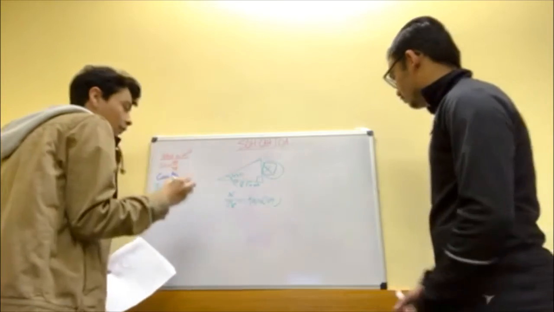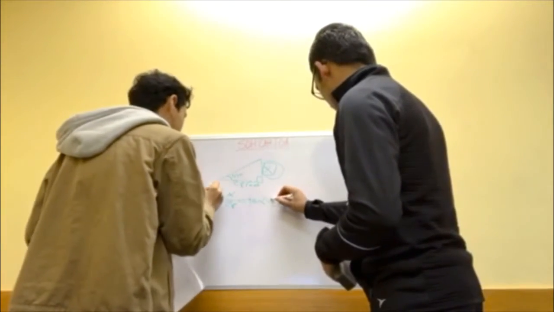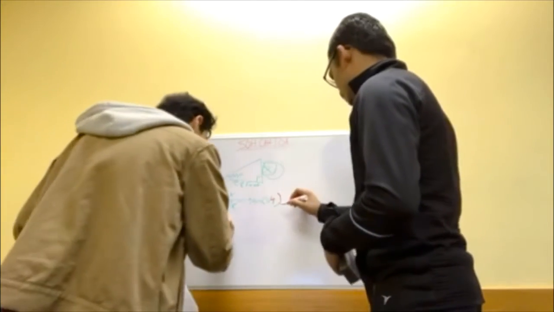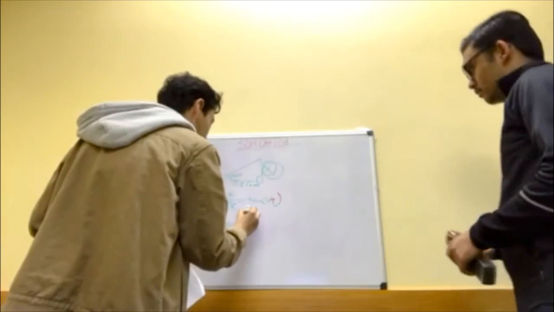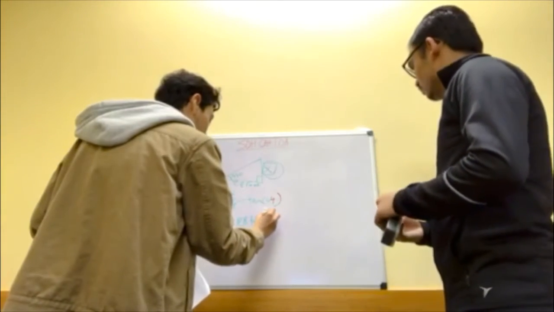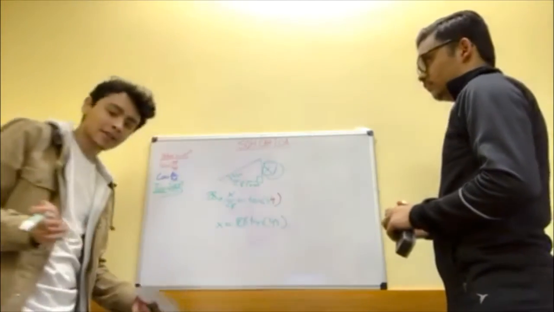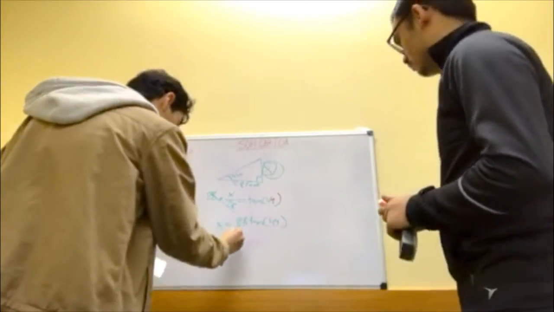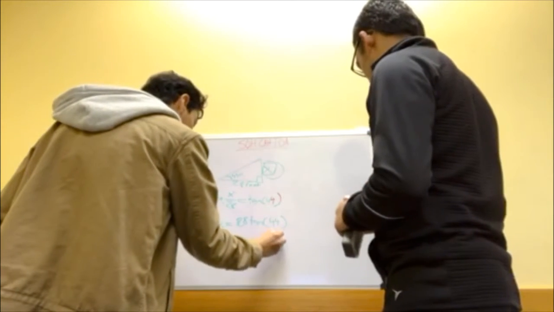Now, we're going to need to get rid of this bottom part, so we're going to times both sides by 28, which will leave us with x equals 28 tan of 44, which, when inserted into the calculator, should give us 27.04.